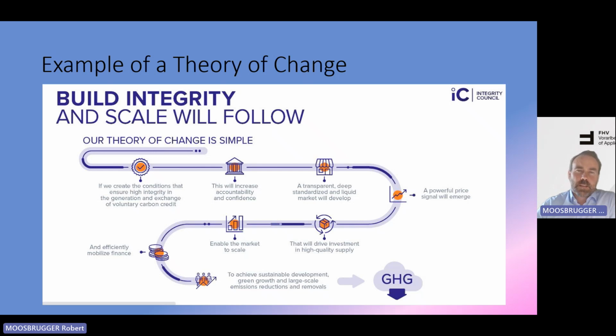And again, this theory of change should not just be based on your assumptions, but you should also provide evidence of why something should work. For example, that you know other initiatives where the same activity has worked, or there are scientific studies that can prove that your approach is successful.